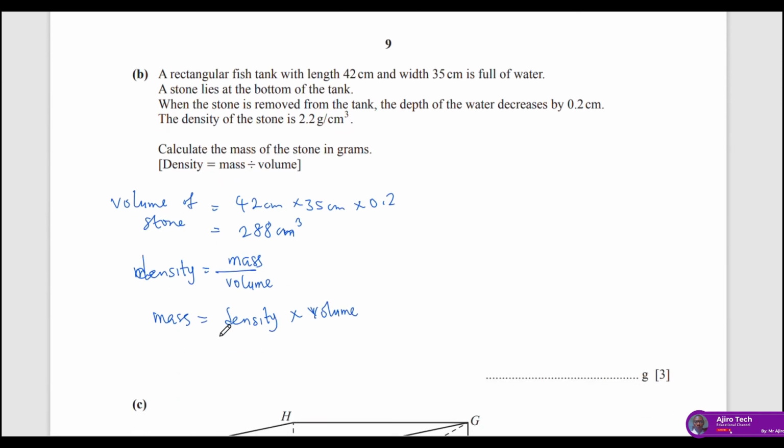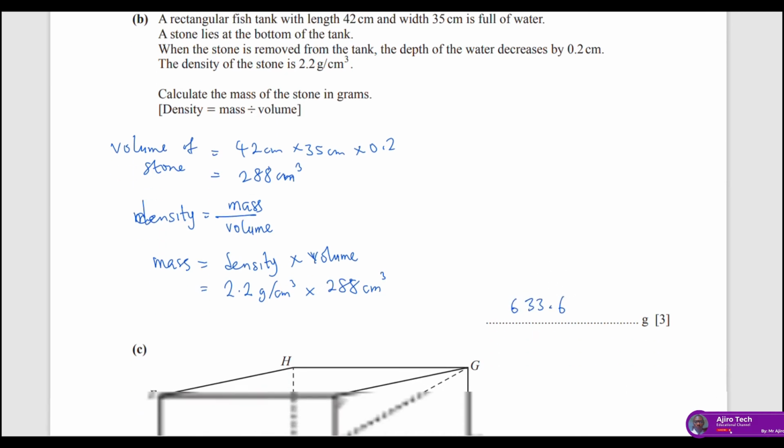Then we have our density to be 2.2 gram per cm cube times 288 cm cube. So cm cube will be cancelled. Our answer should be 633.6 grams.